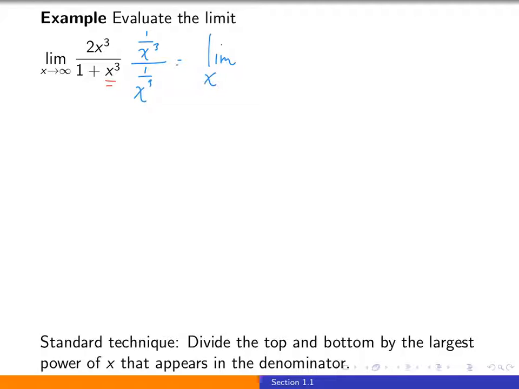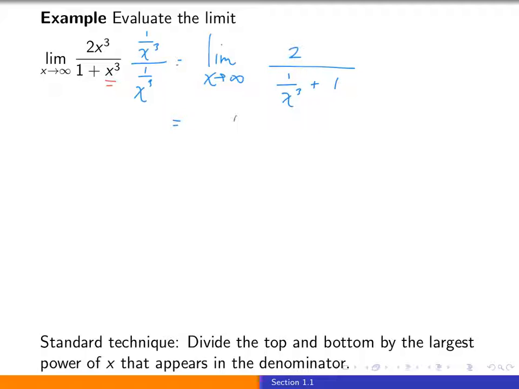Now we'll have the limit as x approaches infinity, and in the top 2x cubed over x cubed is 2, and in the bottom when we distribute the 1 over x cubed through, we end up with 1 over x cubed plus 1. We can now apply our limit laws.